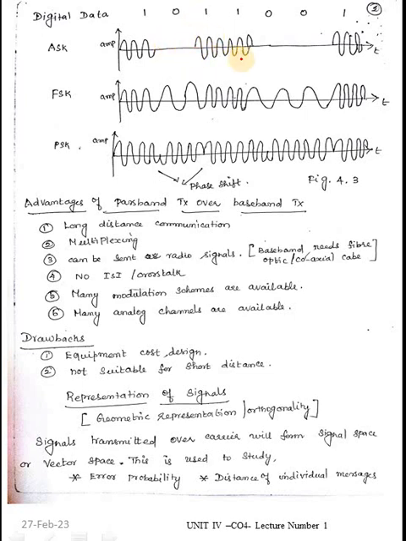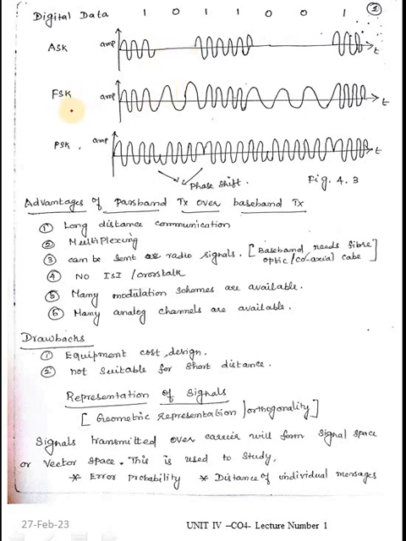Similarly, for 1, the carrier is transmitted, and for 0, there is no data. So this is on-off keying, which means for binary symbol 1, the corresponding data is transmitted, and for 0, it is in the off condition, with no transmission.